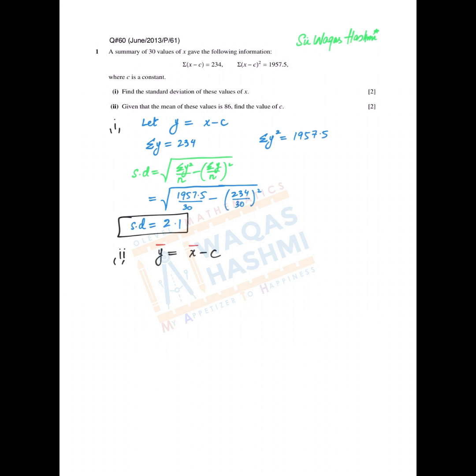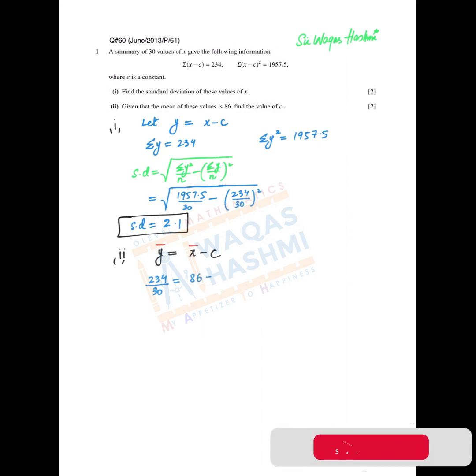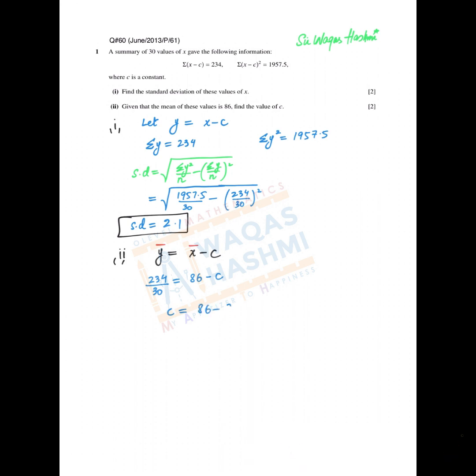The value of y bar we can find out, it's 234 divided by 30 is equal to, the value of x bar is given, that is 86, and c is unknown. So c is equal to 86 minus 234 divided by 30. When you simplify it, you will get the value of c, and that is equal to 78.2, and that is your answer.